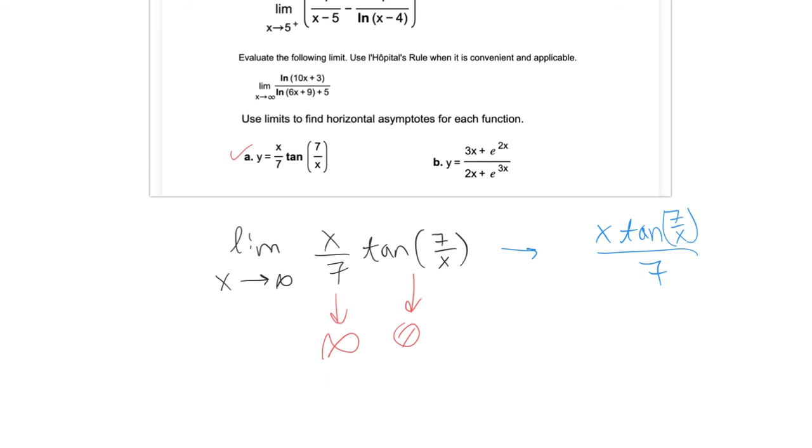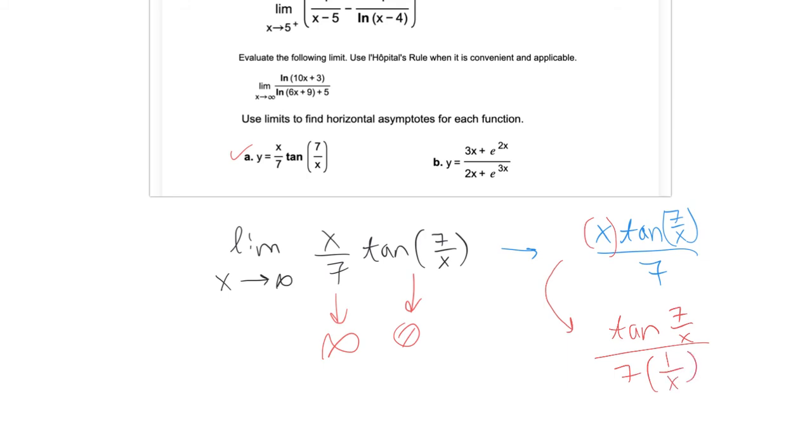Now there is something that we could do where we could realize that we do have this x right there, and there's a move you can make where you can put tan 7 over x all over 7 times 1 over x.